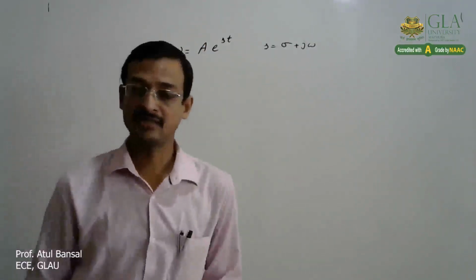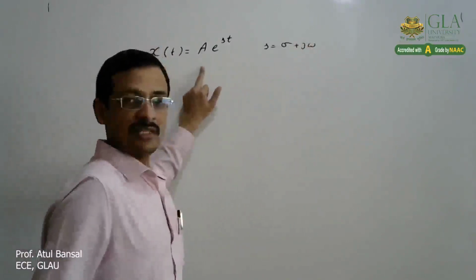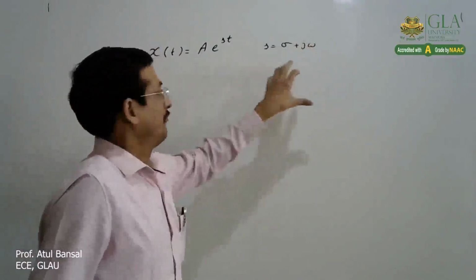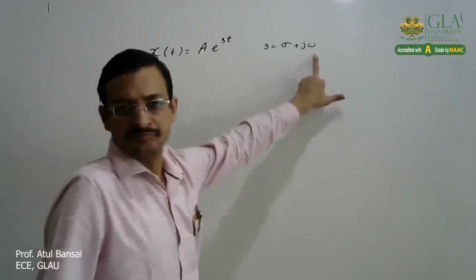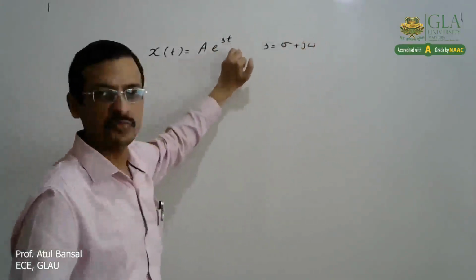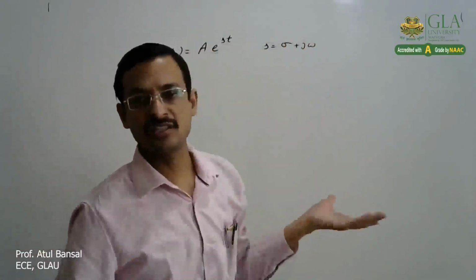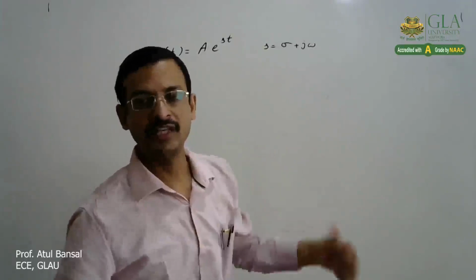Now, depending on different values of sigma and omega, this signal will have different shapes. Firstly, if omega is 0, then this signal becomes the same as a e raised to power sigma t, where sigma is a real number and a is a real number. So it behaves just like the earlier case of the real exponential.